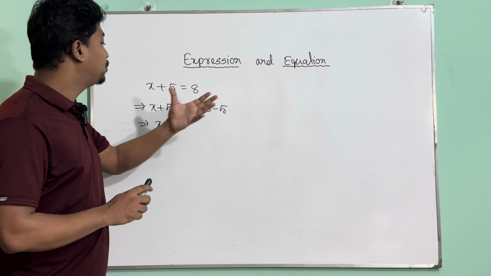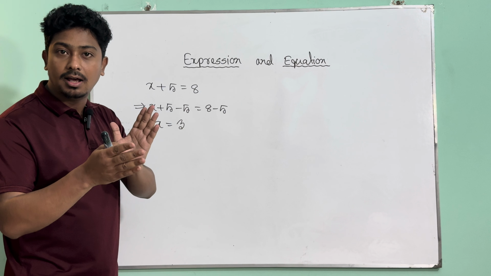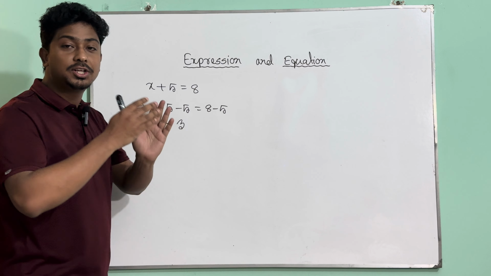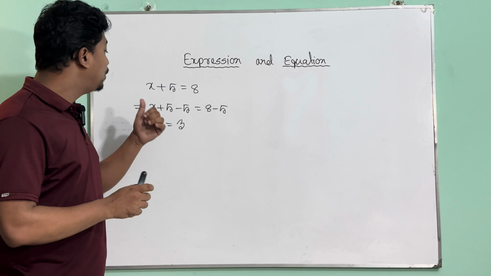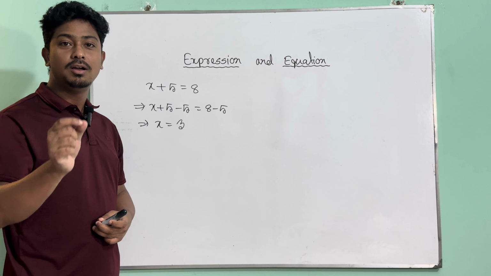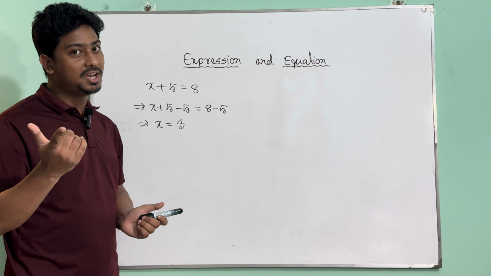And in an equation, we have two sides on either side of an equal sign. On the left side, you have an expression. On the right side, you have an expression. They can be terms, constants, or anything. We find the value of the variable from the equation. Do not mess up between expression and equation, okay?